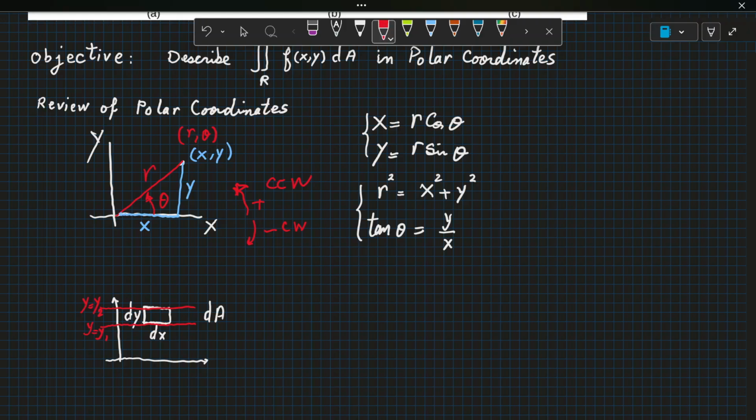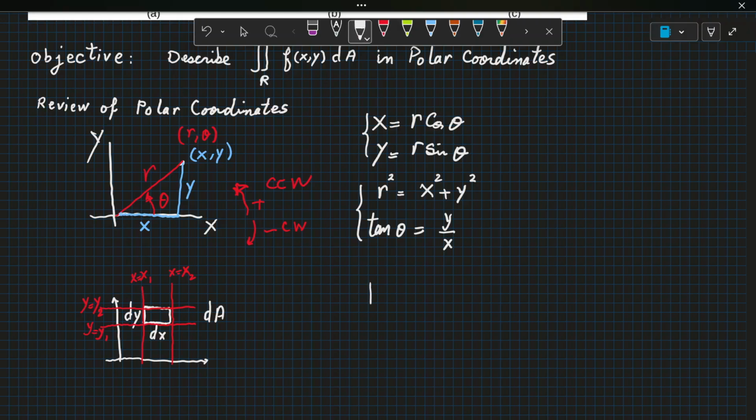That is how we are limiting the rectangle. And then x equal to x1 and x equal to x2 are the left and right walls of this region. Well, how do we define a region for ourselves in polar? The idea is very similar.